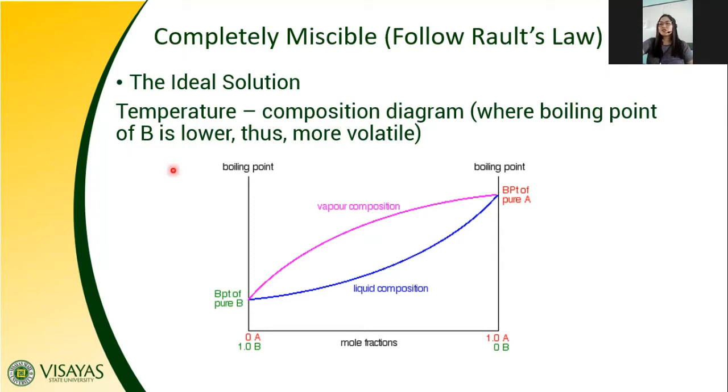For this ideal solution, we have three variables that we're going to focus on in this binary liquid system: the temperature, the pressure, and, for the ideal solution, the composition of the liquid.